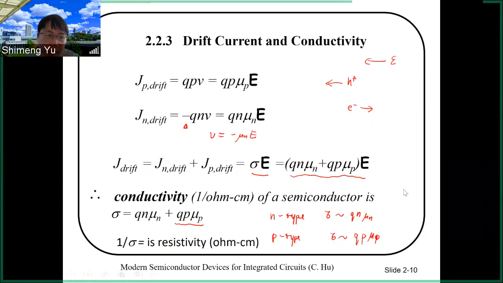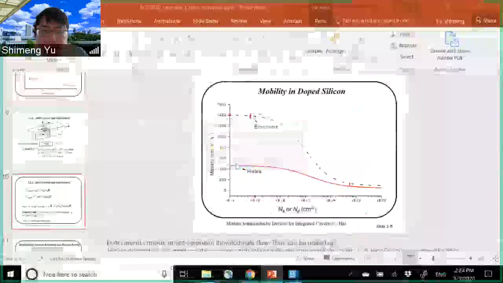Only in the intrinsic semiconductor where the electron and hole densities are comparable, then you can consider both. But in the real applications, we always will have n-type or p-type doping. Then you can consider just one type of the carrier. And then 1 over sigma is the resistivity. 1 over conductivity is resistivity rho. This is by definition. All right, any questions?